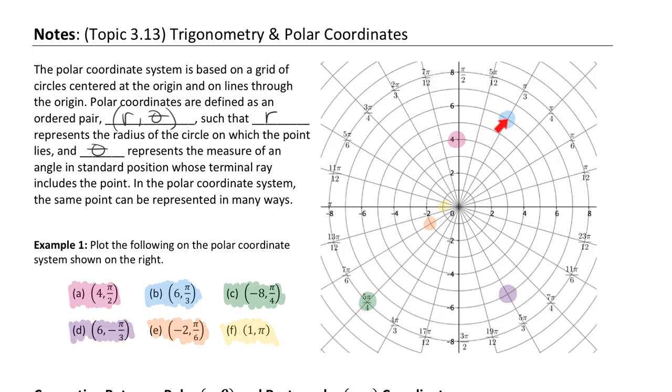This coordinate point right here was 6 comma pi over 3. It is also negative 6 comma negative 2 pi over 3. So there's more than one way to get to each of these coordinate points, which makes it very cool and kind of confusing. We will play with that later on in the lesson today.